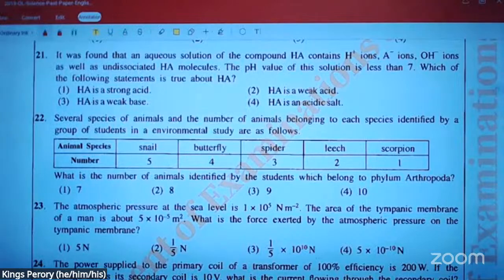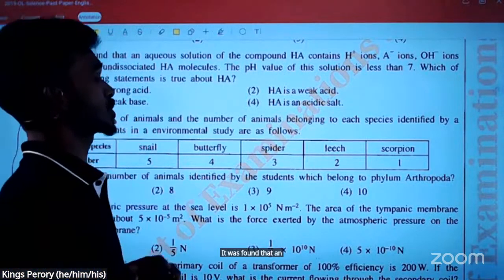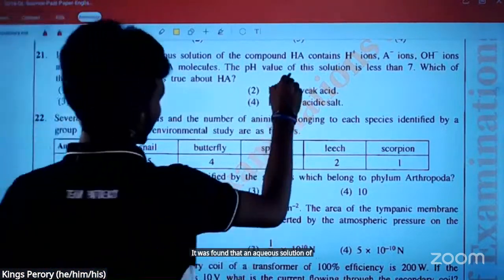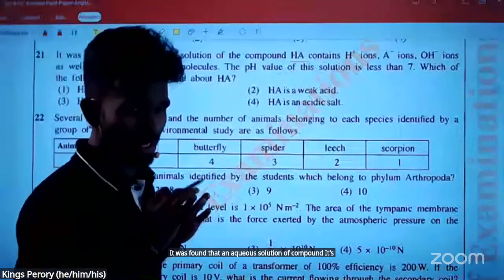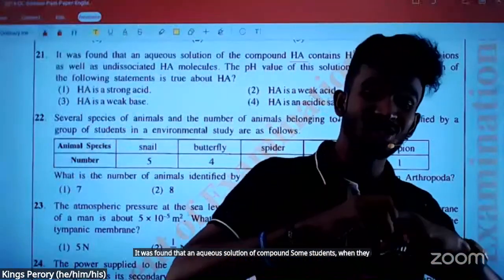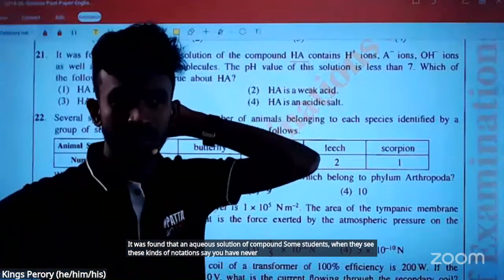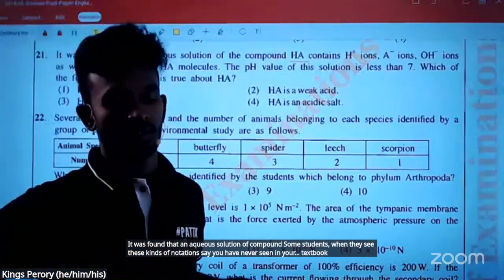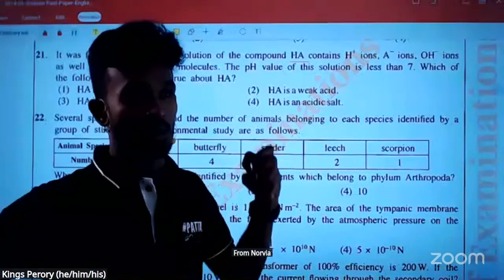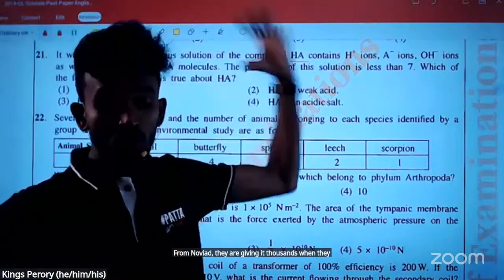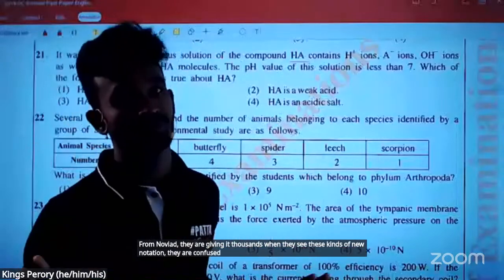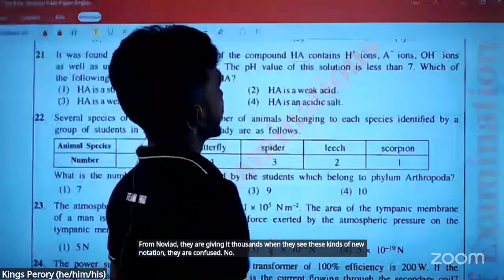It was found that an aqueous solution of compound HA. Now, some students, when they see these kinds of notations, HA, which you have never seen in your textbook, get confused. No. Read what they are telling about HA.